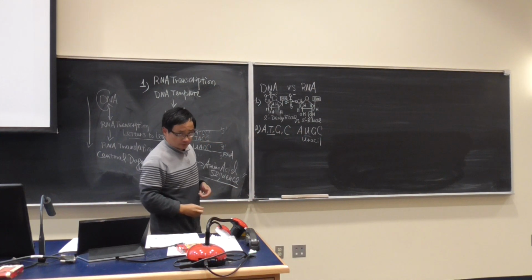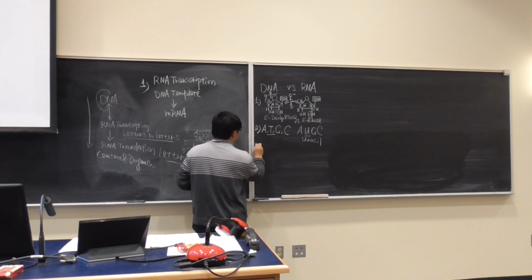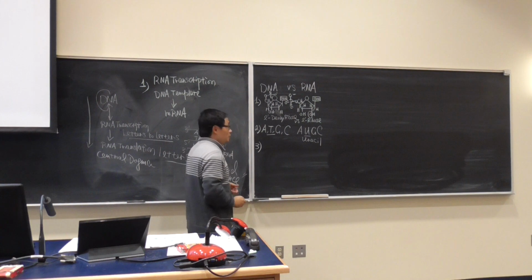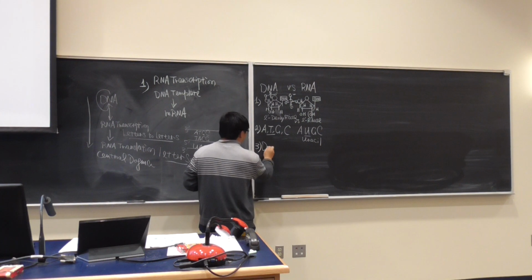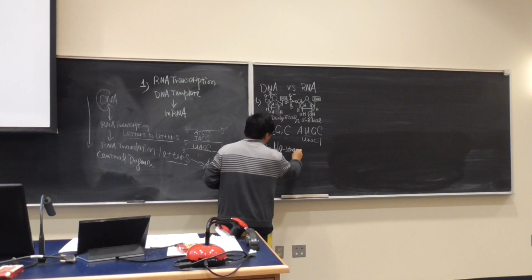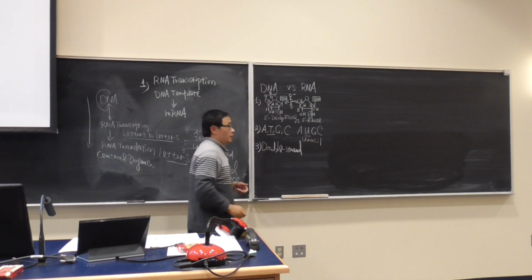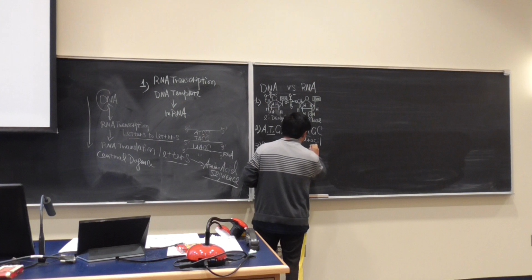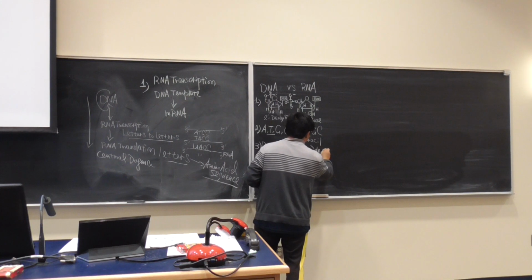That's a major difference. Number 3: DNA most of the time is double stranded. Most of the time, is what I'm talking about. RNA, most of the time, is single stranded.